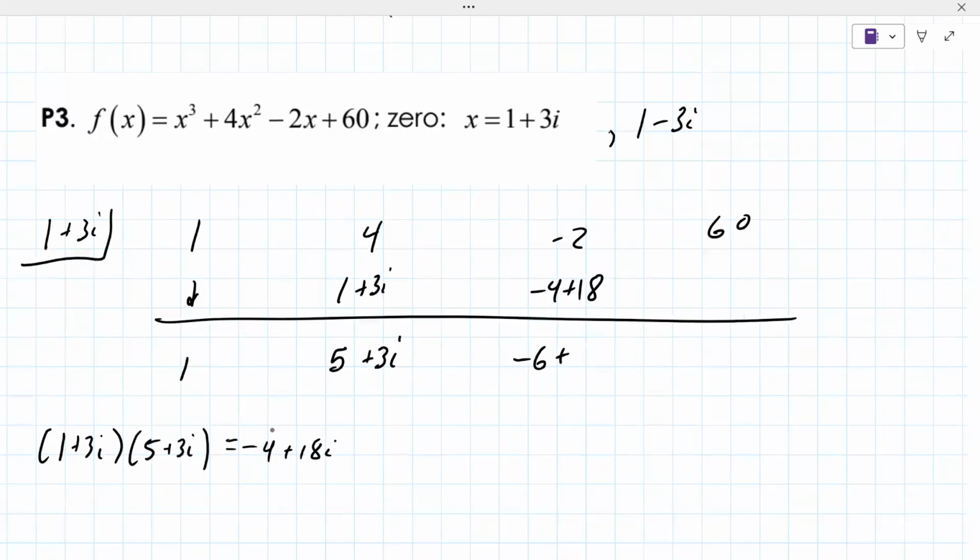That becomes -6 plus 18i. So you've got to do one more foiling, 1 plus 3i times -6 plus 18i. And you should get -60 when you're all done.